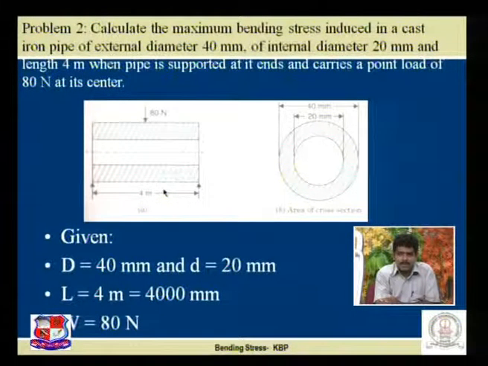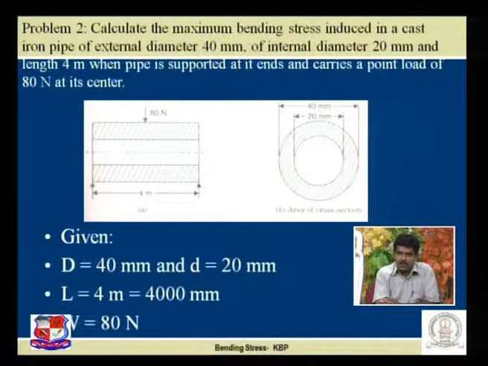This pipe is supported at its two ends, meaning a simply supported pipe. Also, it carries a point load at the center of 80 Newton. Only an 80 Newton load at the center is applied. The question asked is about calculation of the maximum bending stress induced.